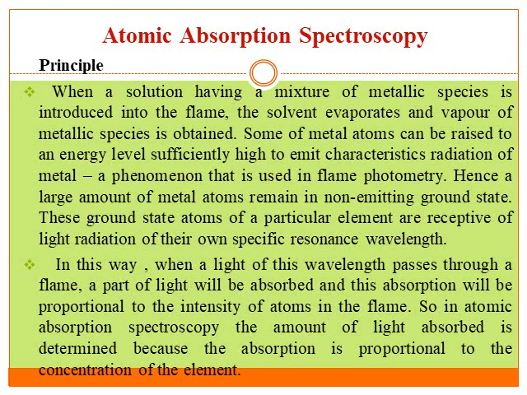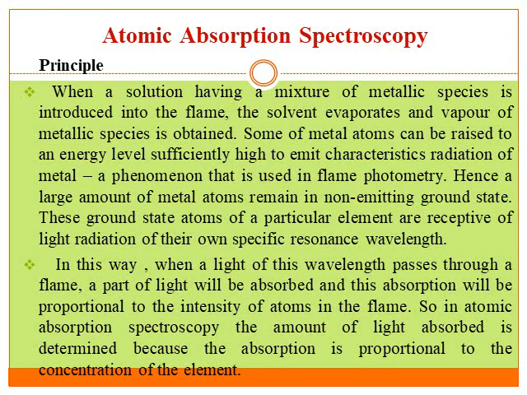So flame photometry uses this phenomenon. During the excitation process, not all the metal atoms will get excited. Some of the metal atoms will remain in the ground state. That remaining metal atoms in the ground state are called the non-emitting ground state, which will not emit any radiation.